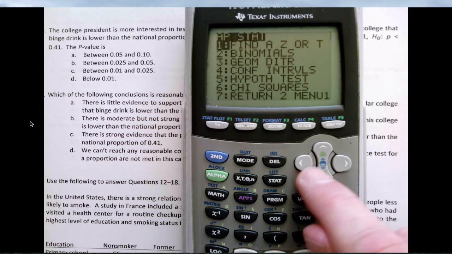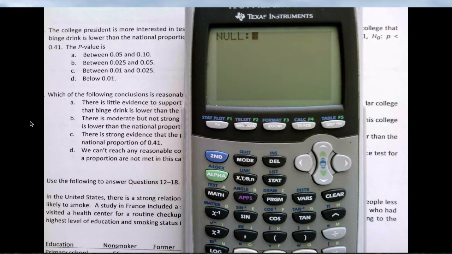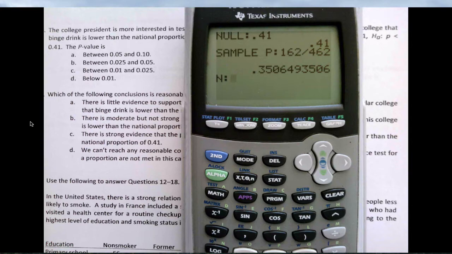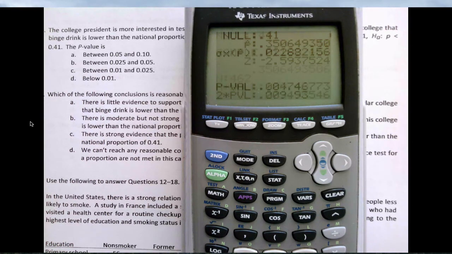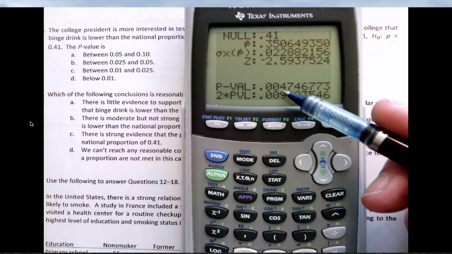This time we go to hypothesis test. We're testing a proportion. The null here is 0.41, and our sample was 162 out of, let me double check, 462. And 462 was the n. Now, the p-value here is less than 1%. So it is below 1%.